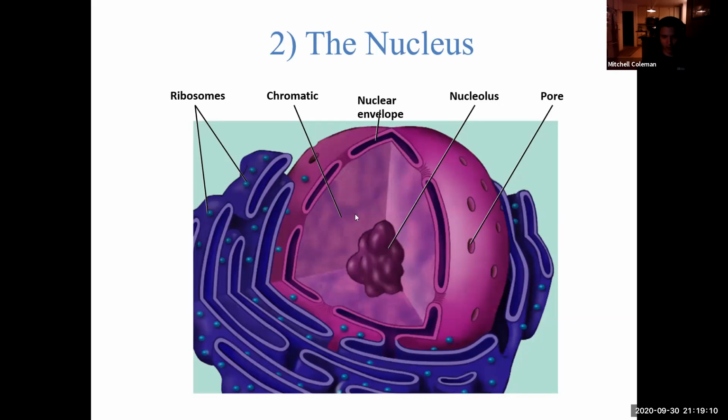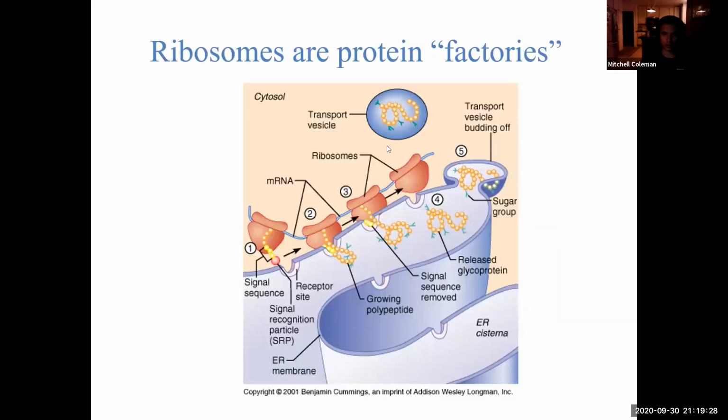But then at some point, the orders from the manager have to leave the corporate office and go to the different satellite companies from the base. And so ribosomes are one of the different satellite organelles that take their direction from the manager, the nucleus. What the ribosomes actually do is they're the factories of proteins. They take the information that comes from the nucleus, and we'll talk about this process in much more detail in the next unit.